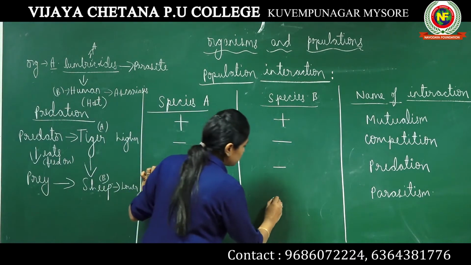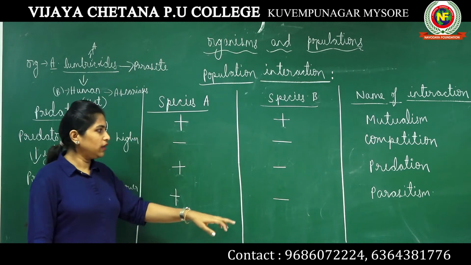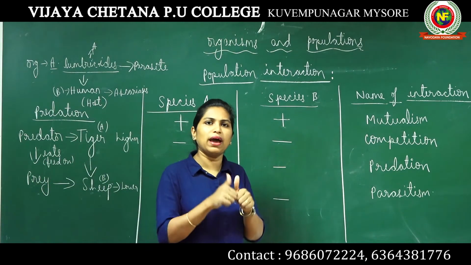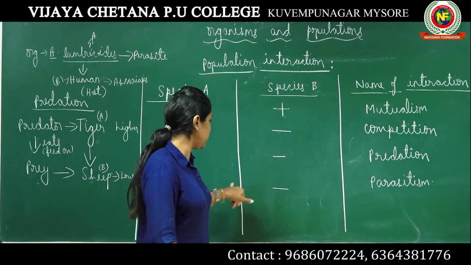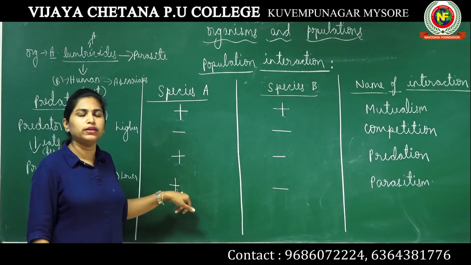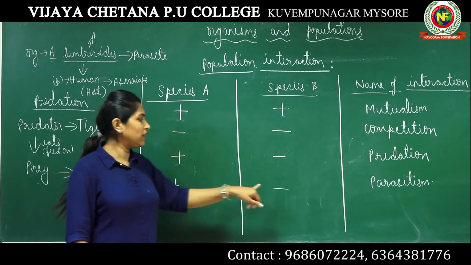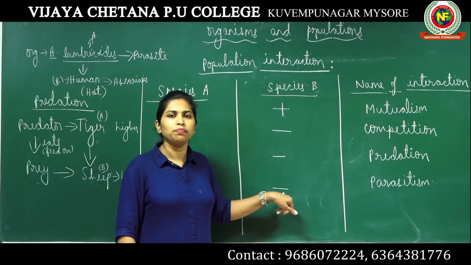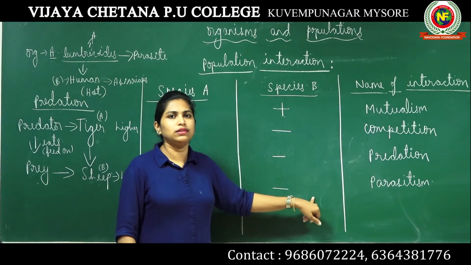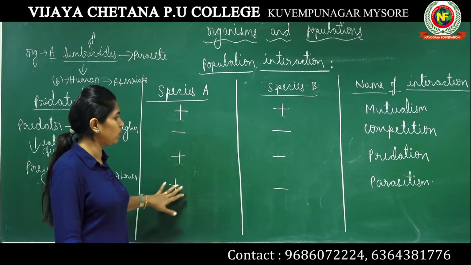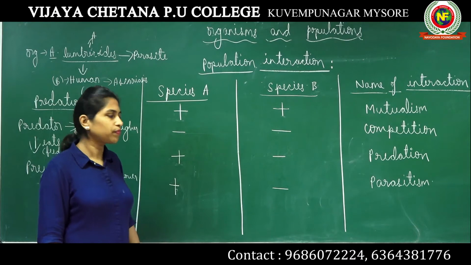Okay, so again it is a minus sign. Even in parasitism, one parasite will affect the host. It is benefited because it is getting food and shelter from the host, whereas the host is harmed because the host is developing a disease. Okay, so this is known as parasitism.